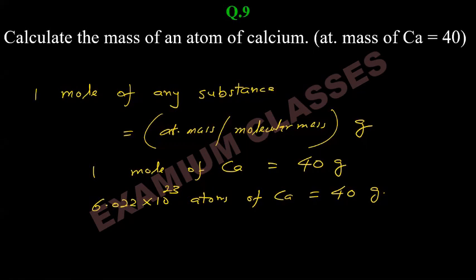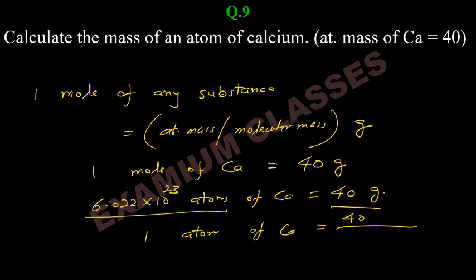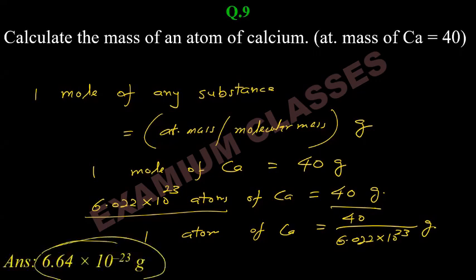So if these many atoms weigh 40 grams, you apply the unitary method: 1 atom of calcium will weigh 40 divided by 6.022 into 10 power 23 grams. Once you solve this, you will get the answer as 6.64 into 10 power minus 23. This portion will give you 6.64 and 10 power 23 goes into the numerator, giving minus 23.